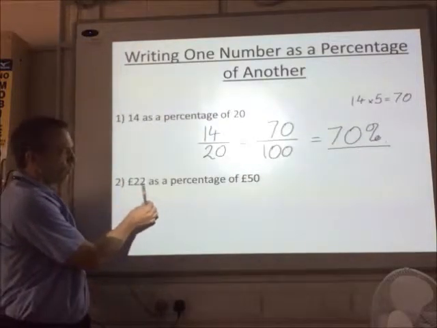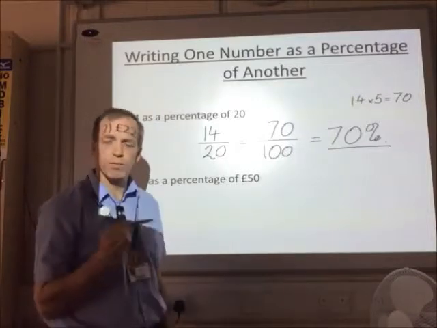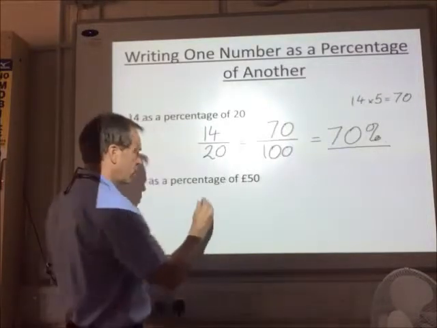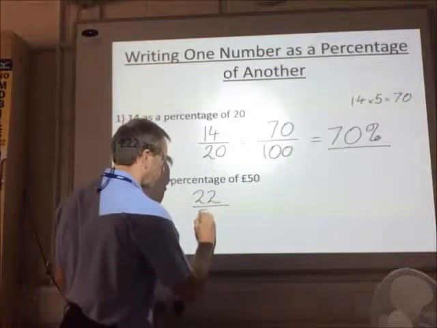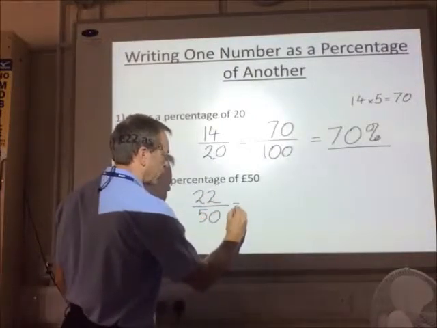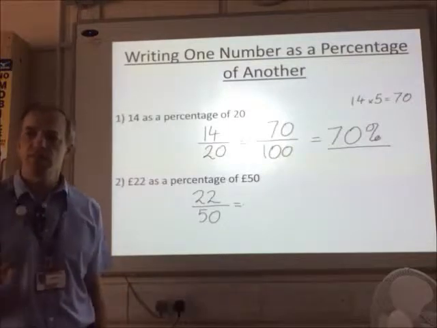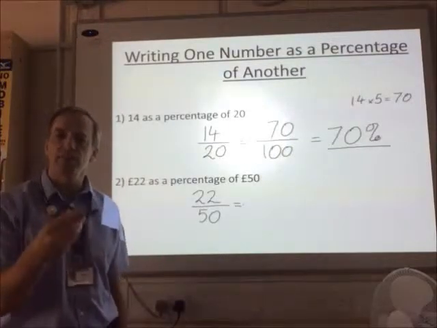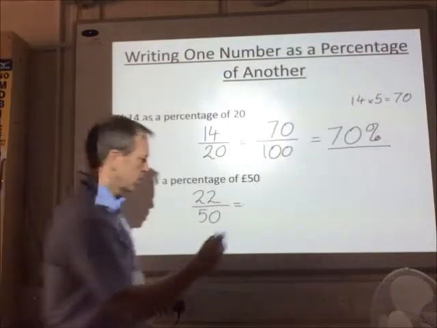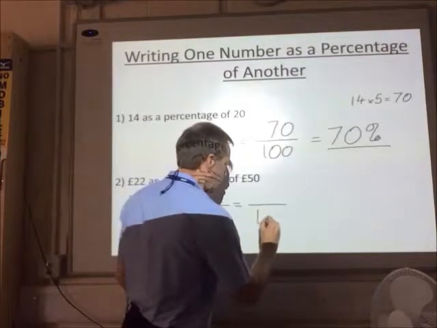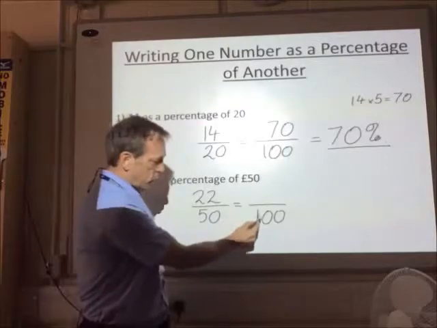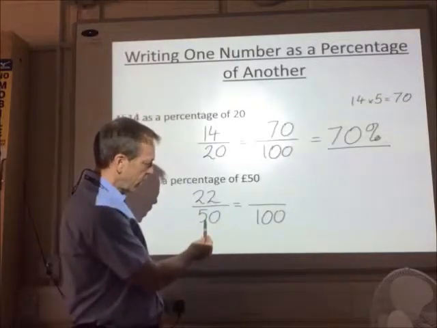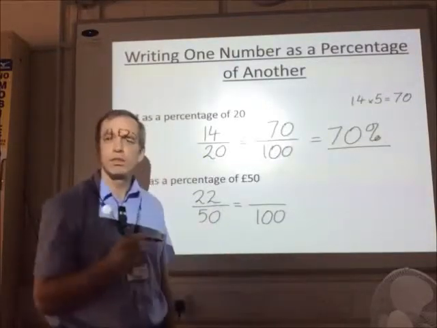So the answer there is 70%. Question 2, 22 as a percentage of 50. Again, I'm going to start with a fraction, 22 out of 50. And again, I need to convert it into something out of 100. My second fraction will always be out of 100. So how many times does 50 go into 100?